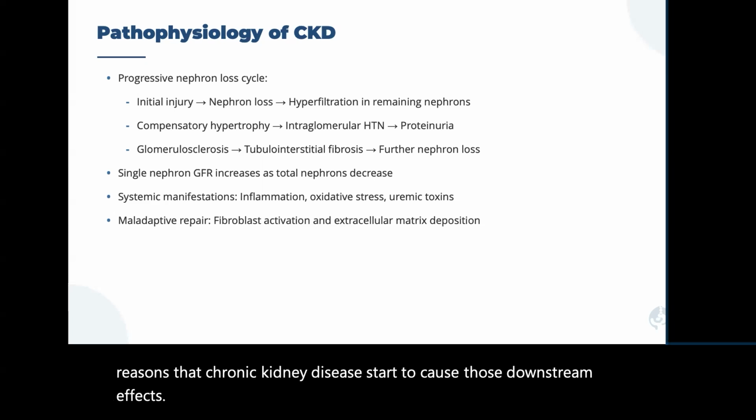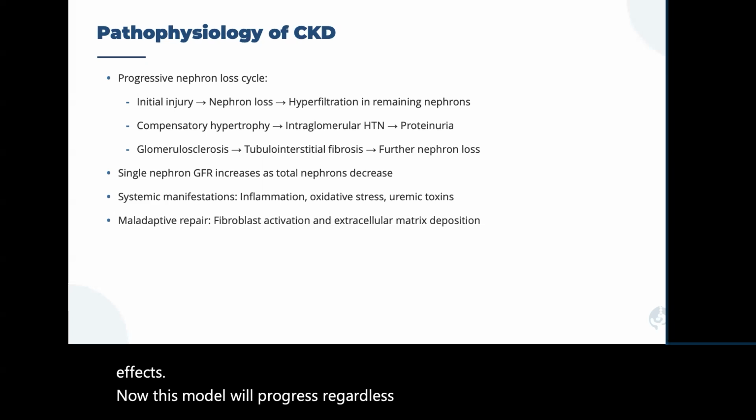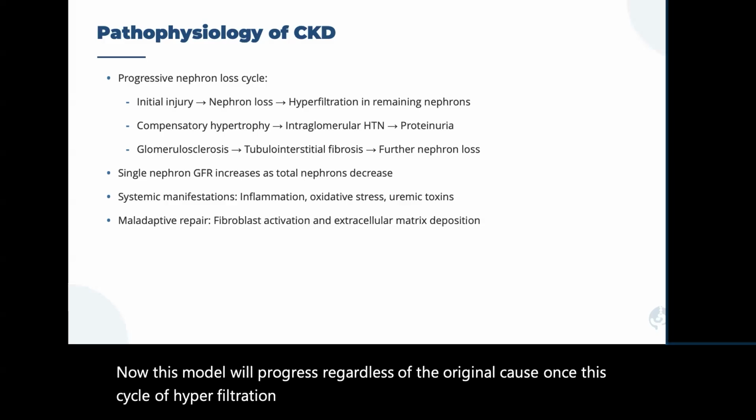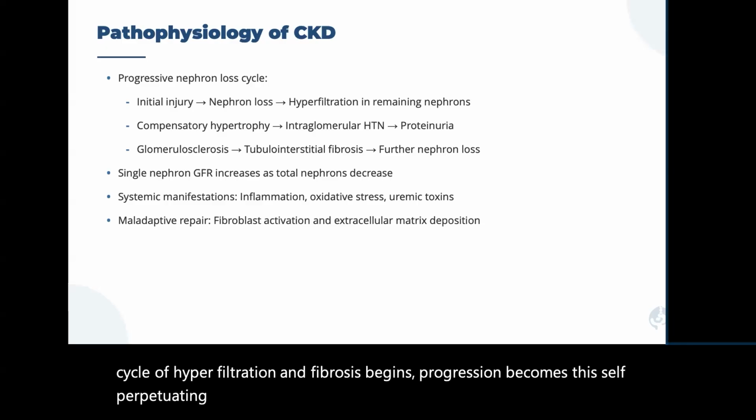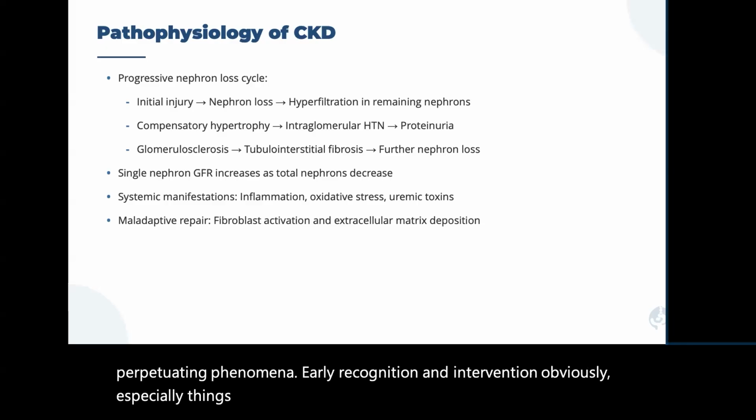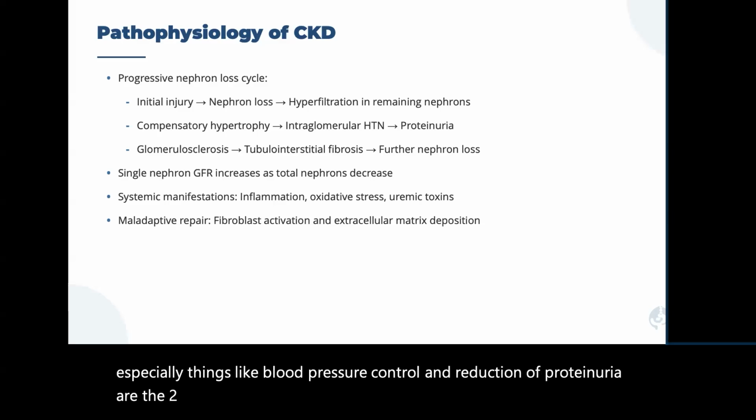Now, this model will progress regardless of the original cause. Once this cycle of hyperfiltration and fibrosis begins, progression becomes a self-perpetuating phenomenon. Early recognition and intervention, obviously, especially blood pressure control and reduction of proteinuria, are the two highest yield interventions that you can use to slow this decline.